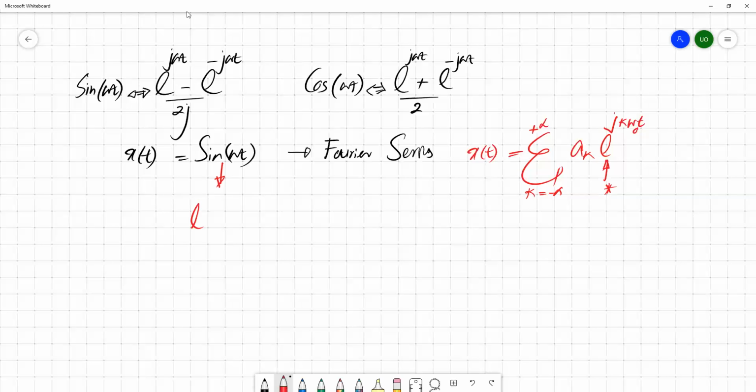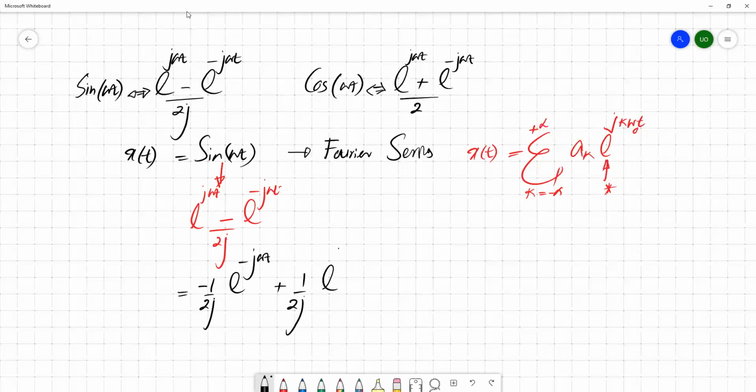So then we have e to the power j omega t minus e to the power minus j omega t, divided by 2j. We rearrange these terms and come up with this expression: minus 1 over 2j e to the power minus j omega t plus 1 over 2j e to the power j omega t.